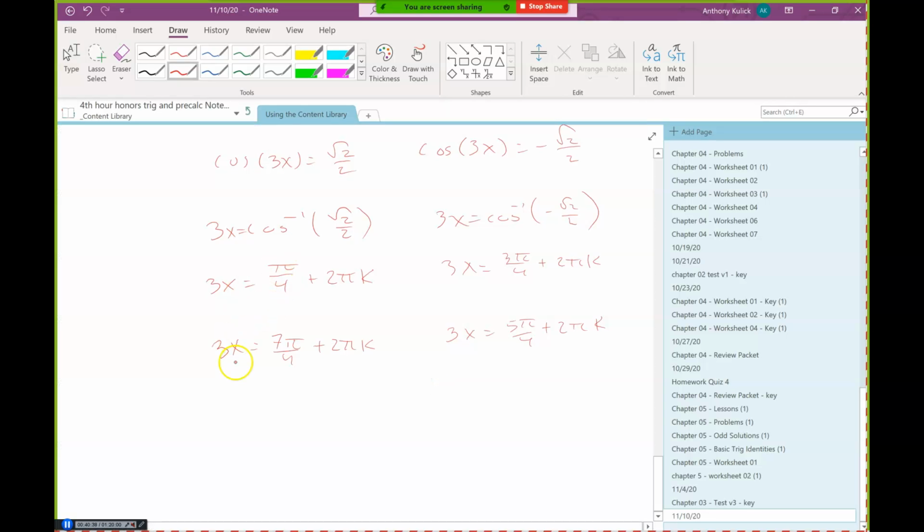And then we'll divide both sides by 3. So I get x equals pi over 12 plus 2/3 pi k. I get 7 pi over 12 plus 2/3 pi k. I get 5 pi over 12 plus 2/3 pi k. And I get 3 pi over 12 plus 2/3 pi k.